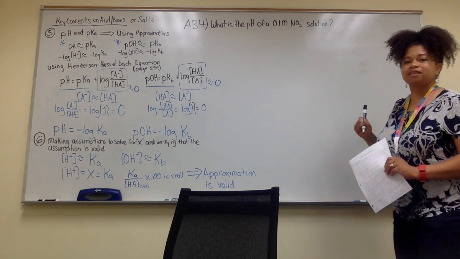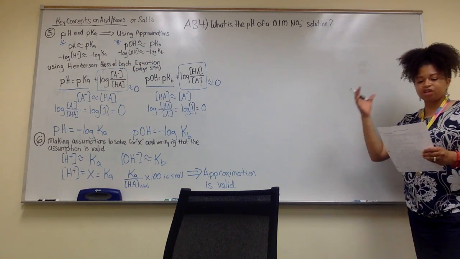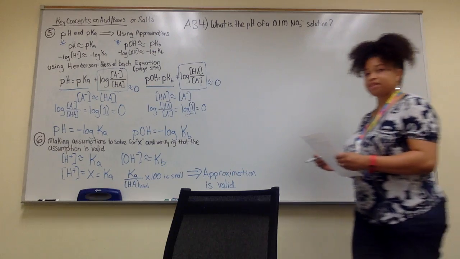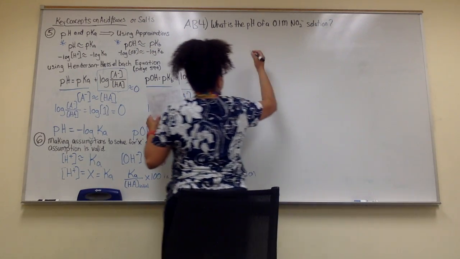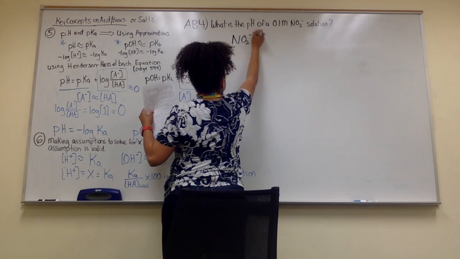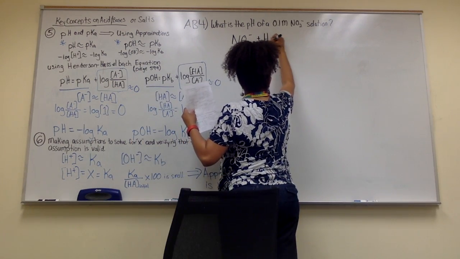NO2 minus can also be viewed as a base, okay? So we're just looking at a base. So what I needed to do was start with this equation, which is NO2 minus plus water.